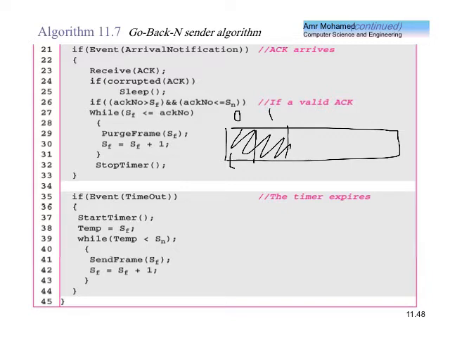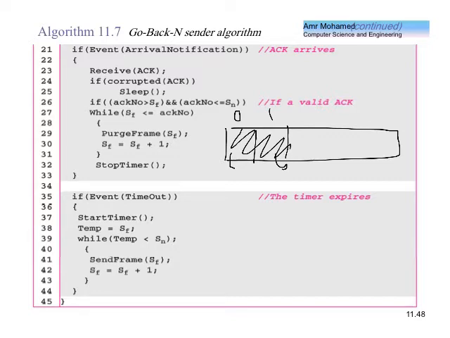So I can receive an acknowledgement of index 0, I can receive an acknowledgement of index 1, I can receive an acknowledgement of index 2, because I already sent 1, so this means that frame 1 which I sent has been received successfully, and the receiver is telling me to send it frame 2. So frame 0 and frame 1 are all okay. And I can receive an acknowledgement of 0 or 1 or 2.